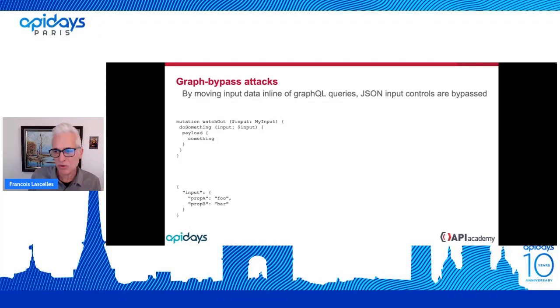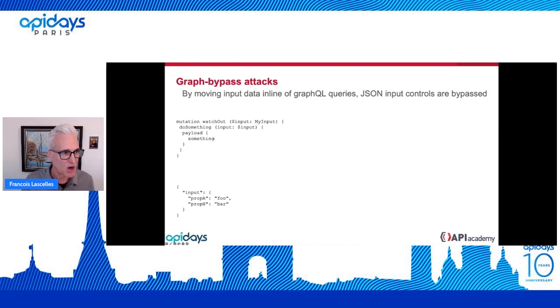So you're losing some context here. And in order to illustrate a potential consequence of that loss of context, I'm going to talk to you about this GraphQL bypass attack. The idea is that by moving input data inline of GraphQL queries, any pre-existing JSON input controls can effectively be bypassed.